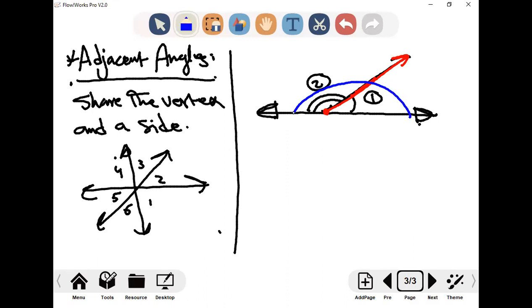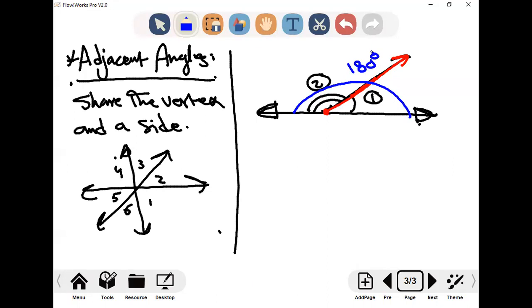What do we call this angle? Yesterday we took it: a straight angle. What is the measure of the straight angle? 180, and 90 is a right angle. So here we have 180 degrees. If you add angle 1 and angle 2, the answer should be what, if they are on a straight line?